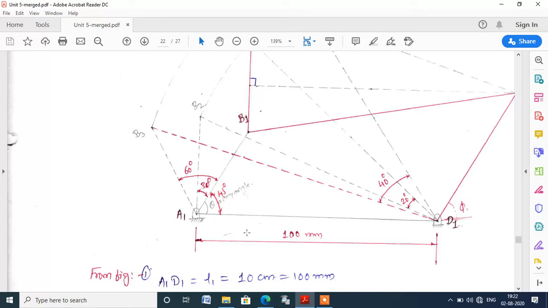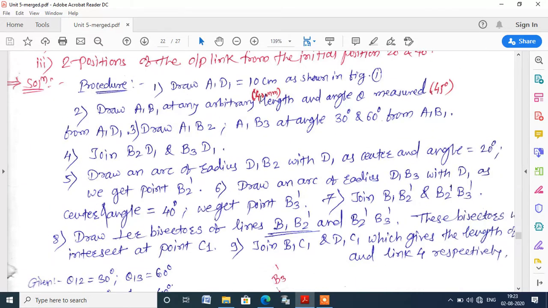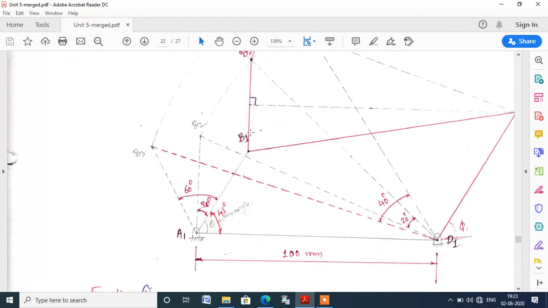Then you have to draw the A1 B1 link at an angle theta. Let us say you assume this angle 45 degree. Whatever angle you have assumed, you have to mention here. So draw A1 B1 at an angle of 45 degree, and the length also you have to assume. Here we have assumed 40 mm. So draw 40 mm length.